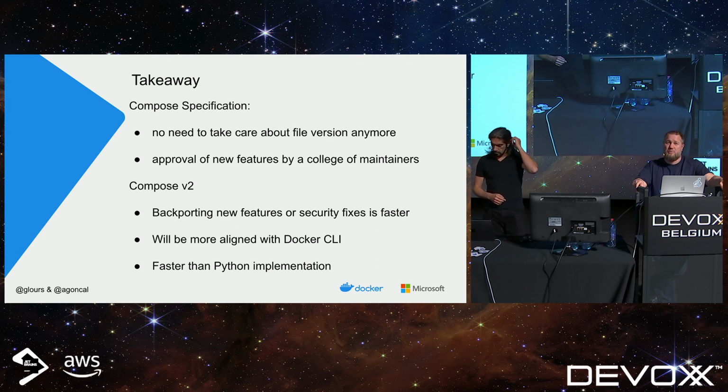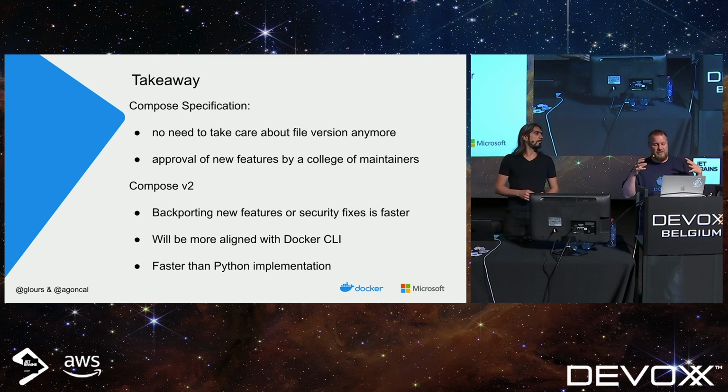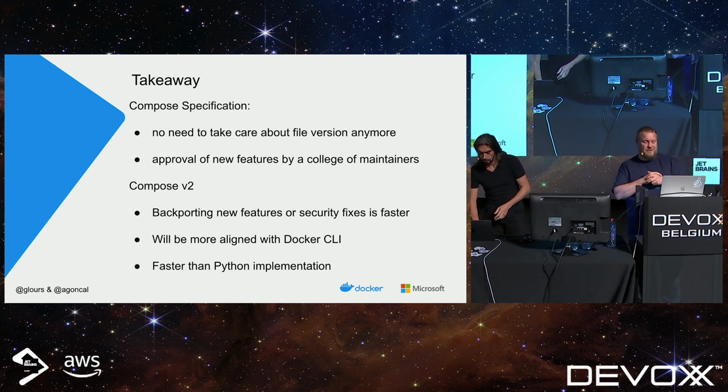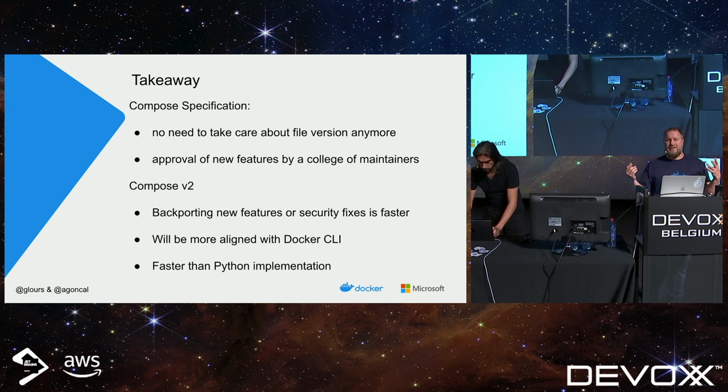Using Compose v2 will provide you a more reliable experience than the one you have with Docker CLI at the moment. And just a side effect of implementing the new version of Compose in Go was that we have an implementation that is faster than the Python one. That's not really important, because most of the time is spent creating the container and stuff like that. So you won't see a huge difference, but just to let you know.